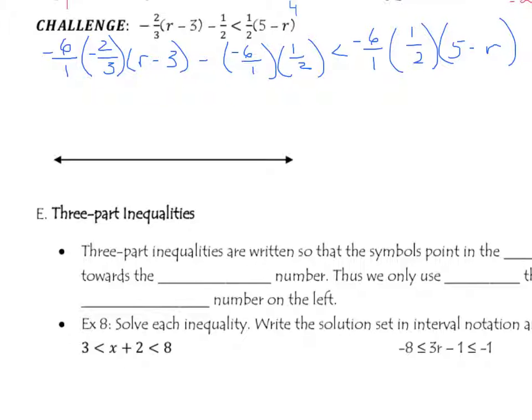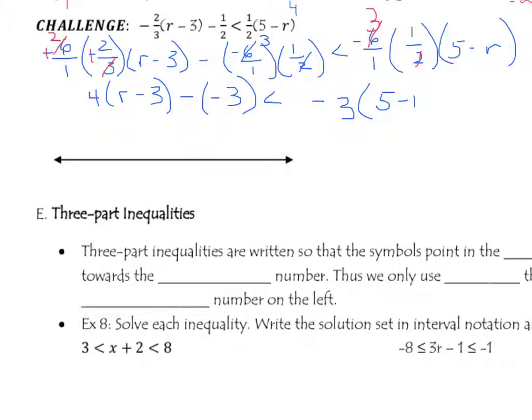Okay, so coming back to the left, 3 goes into 6 2 times. Negative times a negative makes a positive, and so we have 2 times 2 is 4 times r minus 3 minus, and then we have 2 goes into 6 3 times, and then we have the negative, so we have negative 3 is less than, and then we have 2 goes into 6 3 times, so we have negative 3 times 5 minus r.